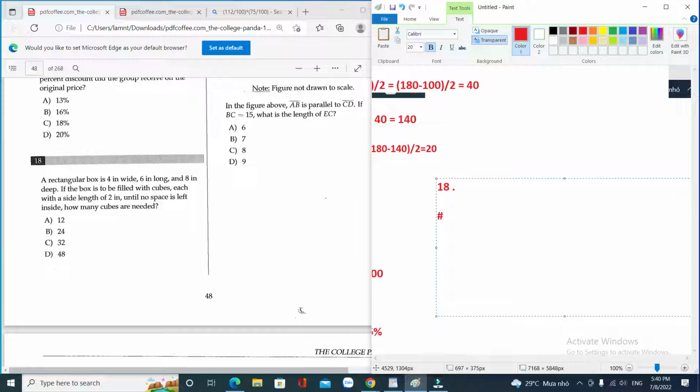The number of cubes is just the volume of the box divided by the volume of the cube. The volume of the box is 4 times 6 times 8, right? And the volume of the cube is 2 times 2 times 2. So I think the answer is just 24. So the answer for 18 is B.